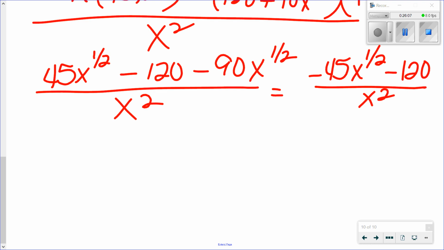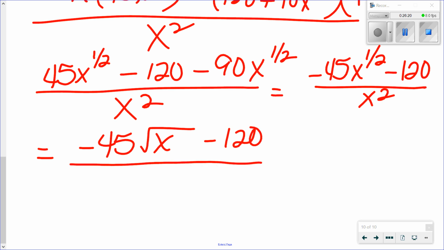And to make it a little easier to evaluate, it makes more sense to us if we go ahead and convert that x to the 1/2 back to square root of x minus 120 over x squared. Go ahead and throw that in your calculator. Let's see what that is. I'm going to put that in my y equals. If I've done my math correctly, when I plugged 300 in, I got negative 0.010.